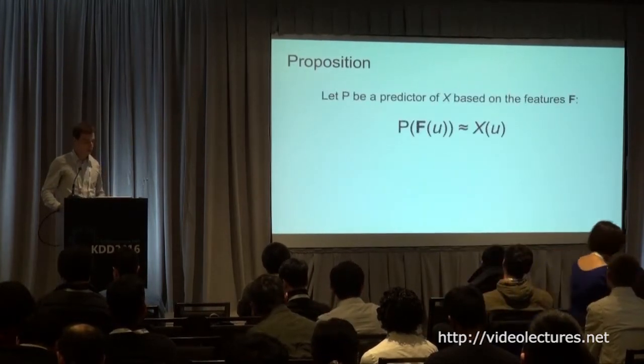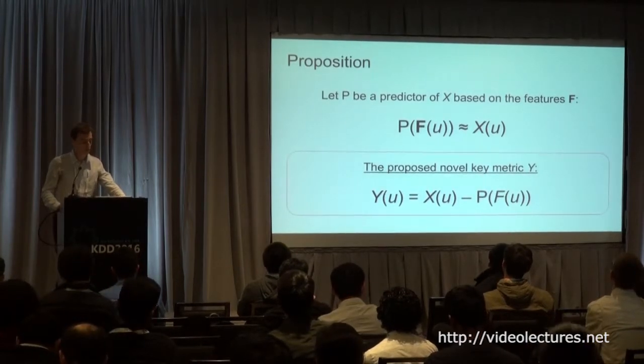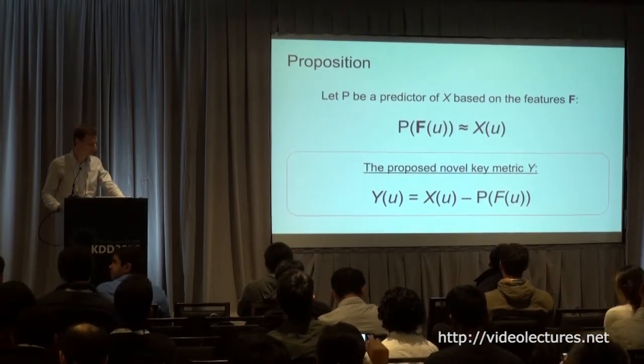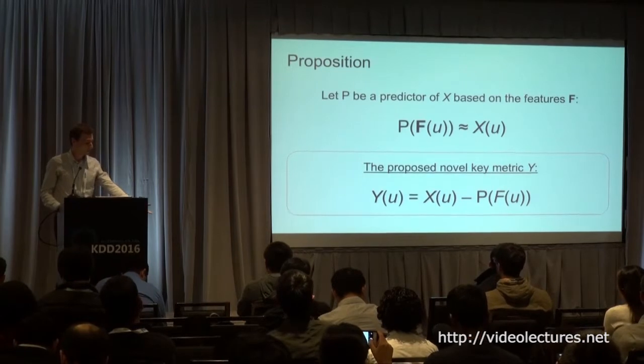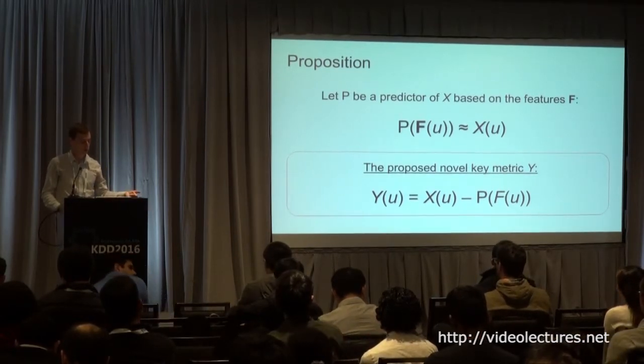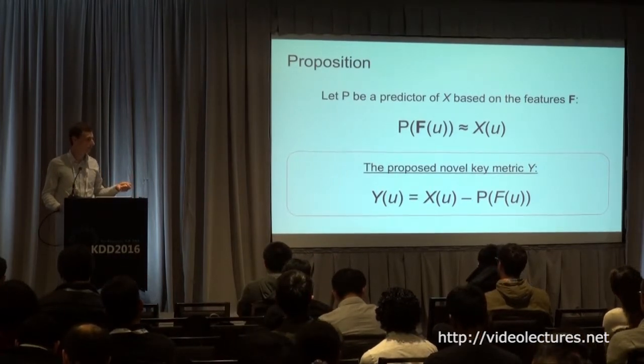So let P be a predictor of x based on the features f. In our work, we propose to use the following modification of the source metric x. For each user, it is the difference between the actual value of this metric x and its predicted value.